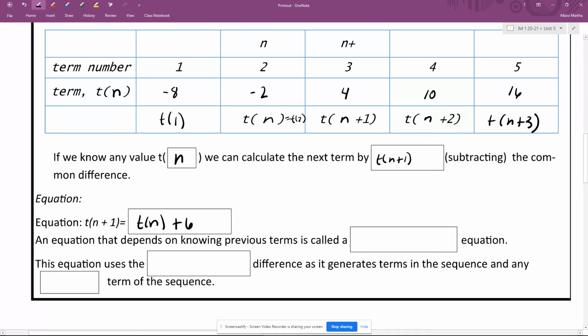An equation that depends on knowing the previous term is called a recursive equation. The equation uses the common difference as it generates terms in the sequence and any nth term of the sequence.